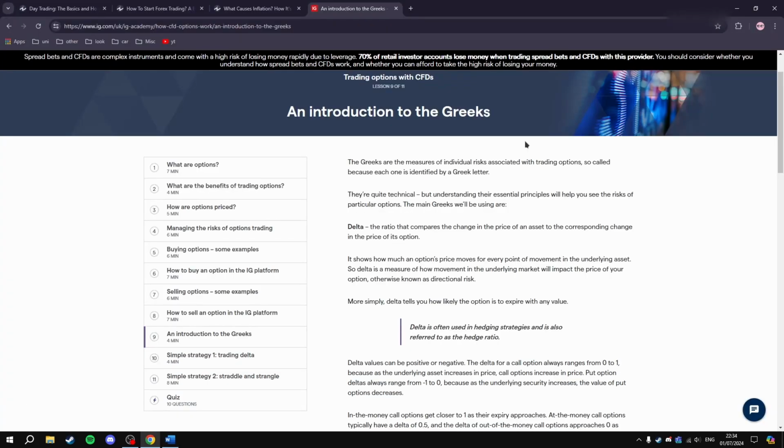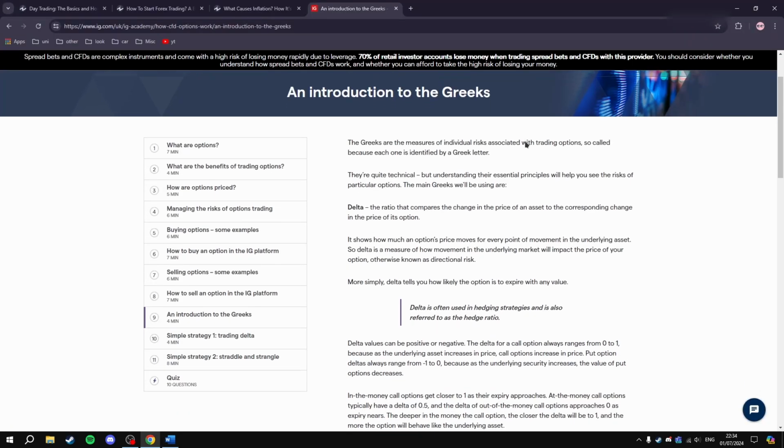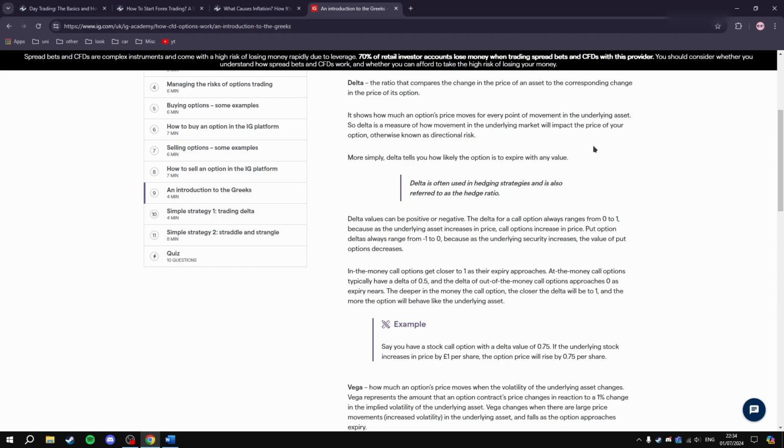They're quite technical, but understanding their essential principles will help you see the risks of particular options. The main Greeks we'll be using are delta, which is the ratio that compares the change in price of the asset to the corresponding change in the price of its option.